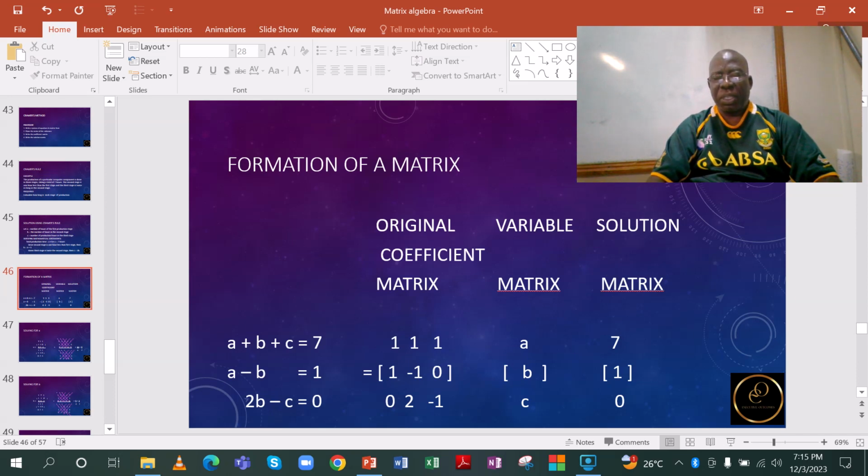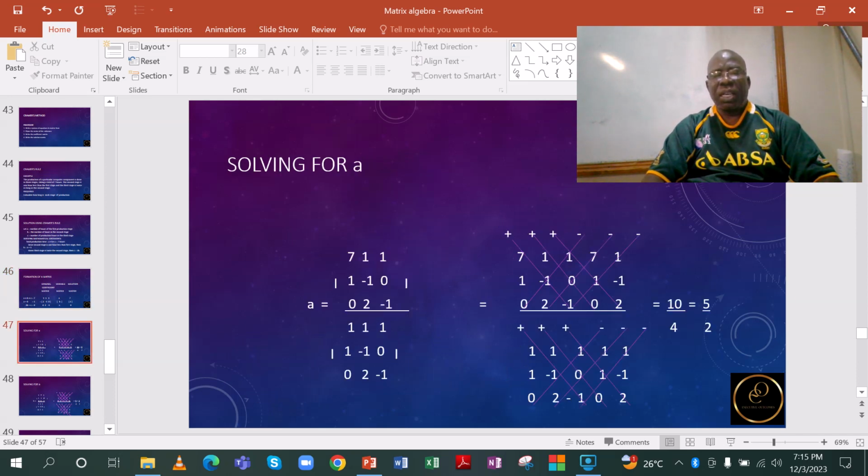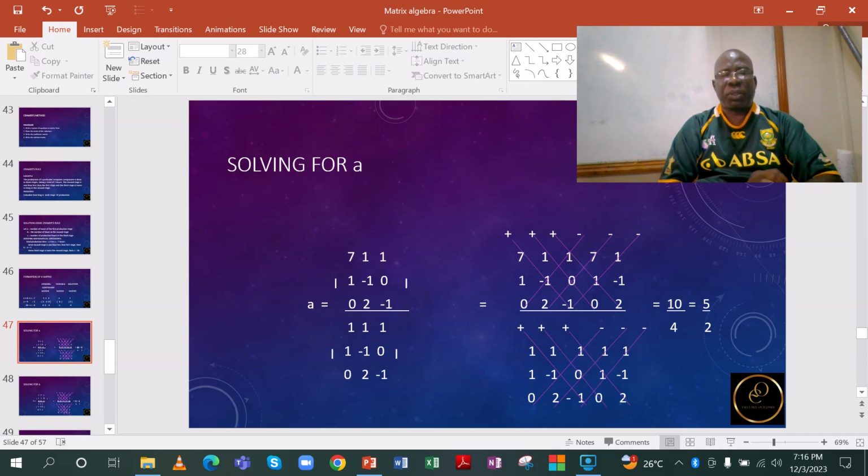So we end up having 7, 1, 1, 1, -1, 0, 0, 2, -1, and find the determinant of that. Then divide by the determinant of the original matrix as it was before the replacement of the first column by the solution matrix, which was 1, 1, 1, 1, -1, 0, 0, 2, -1. So you also find the determinant there.